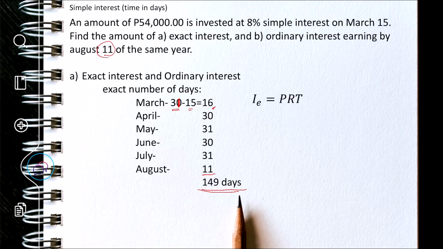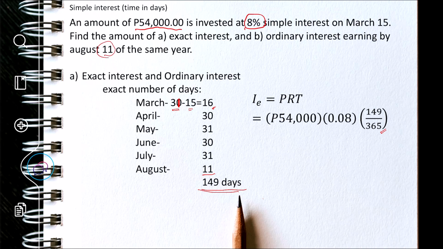Now, the exact interest, again, ang gagamitin po natin is 365 because hindi naman nakalagay yung specific year ng taon na yon, kaya hindi natin malalaman kung leap year o hindi. The principal is 54,000 pesos. The interest is 8% or 0.08.